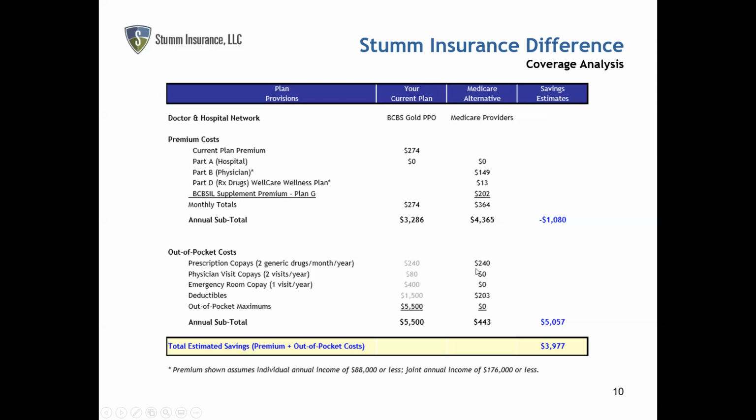On Medicare, for prescription drugs, you still have to pay your co-insurance. The co-pays, emergency, everything's covered because of the Plan G, except for the $203 deductible, which was the one thing that was not covered. So for out-of-pocket, it's much, much lower exposure on Medicare. So you're paying a little bit more, but he's not going to have that $5,500 out-of-pocket maximum.